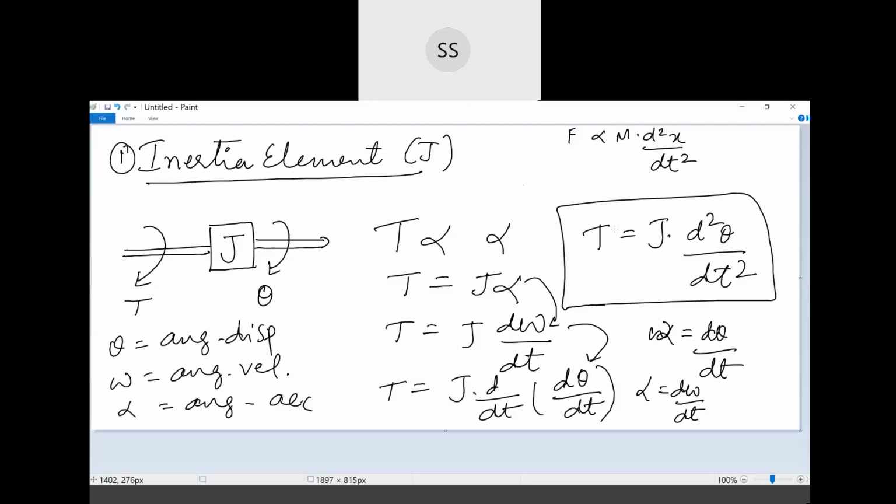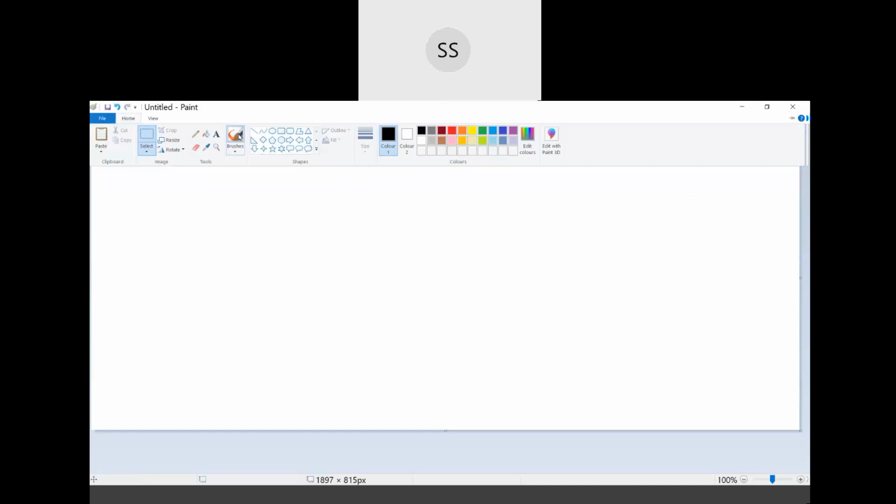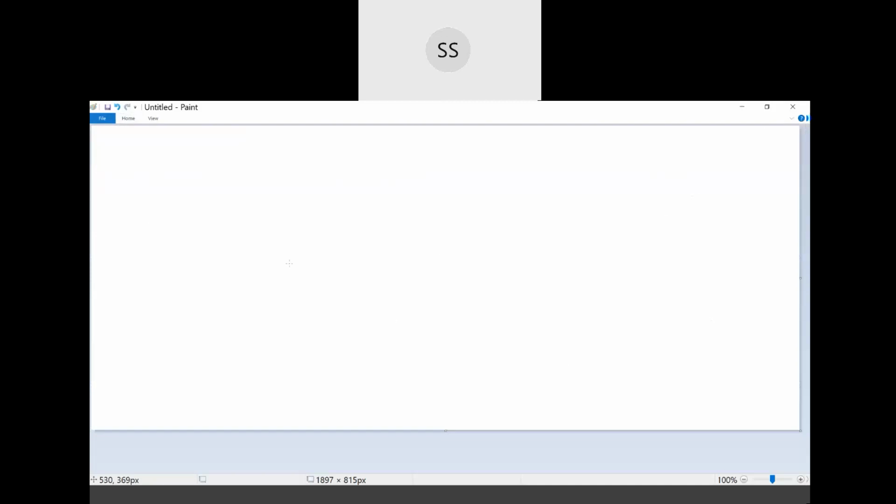So now this was the first element. The second element is again the damper or the friction. So let us write for the friction. So even though moment of inertia is associated with the torque, still the J is going to experience some friction or the damper element.